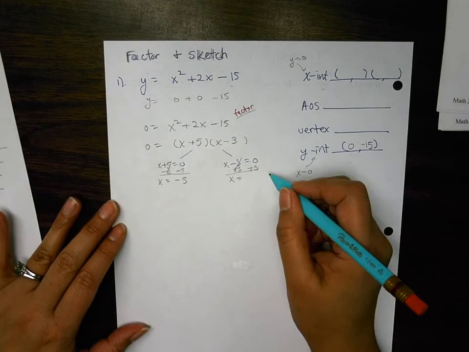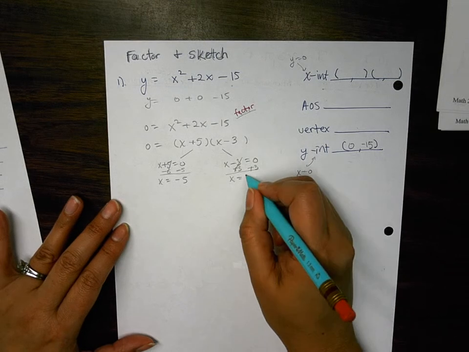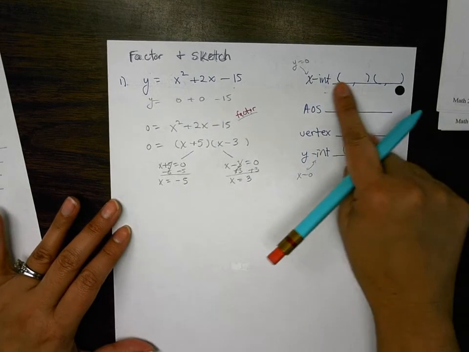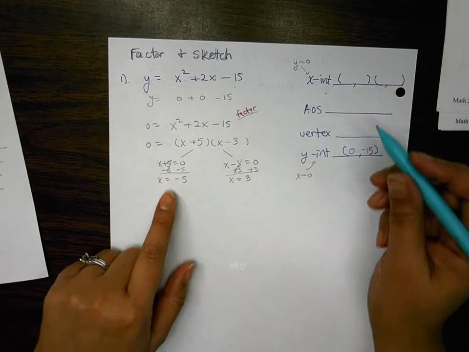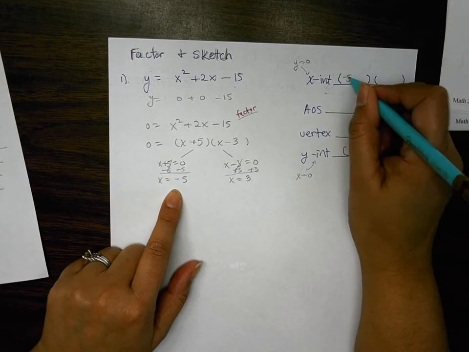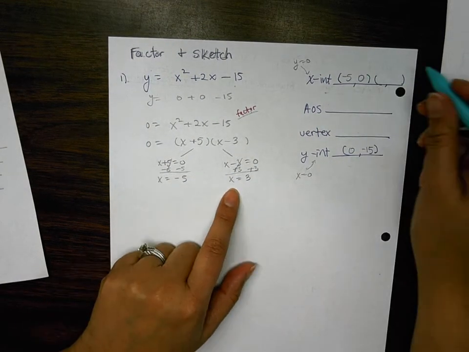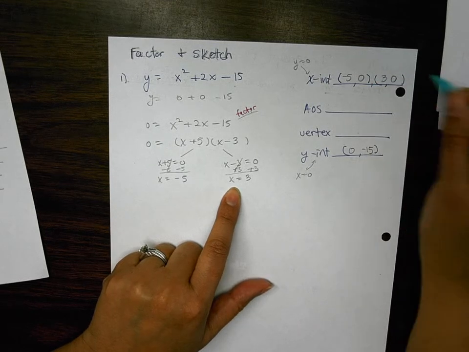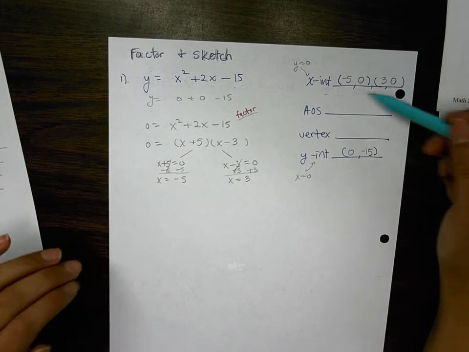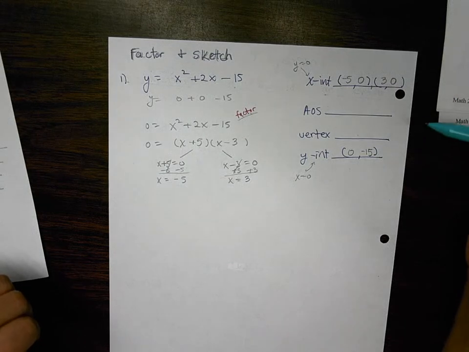This one here is negative 5. Over here it's positive 3. So they give us 2 ordered pairs up here. How do we write these 2 answers as ordered pairs? Negative 5, 0 and 3, 0. Okay, so these 2 are my x-intercepts.